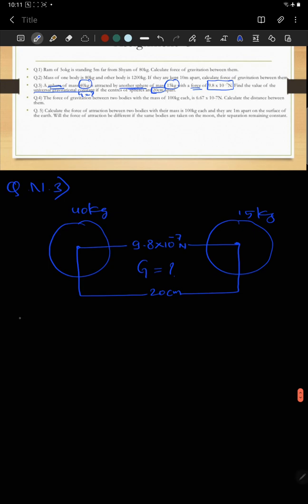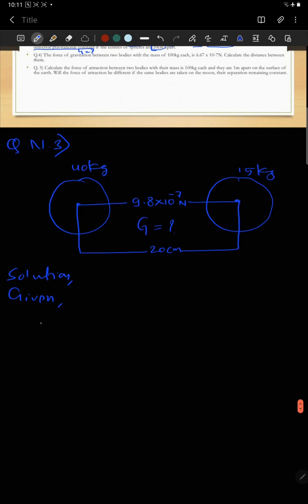So based on this, let us write the given and solution. Given: mass of the first sphere, M1, is 40 kg.